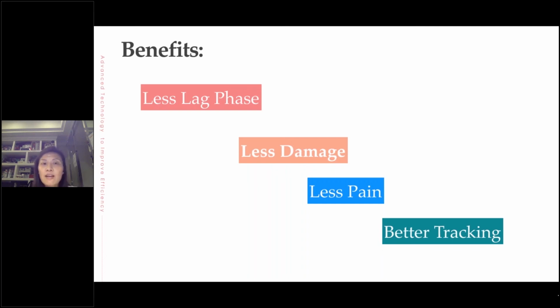Less lag phase means the treatment time will be a little bit shorter. We are not going to take up a lot of time during the treatment. There will be less damage to the surrounding tissues, whether it's the bone or the soft tissue. The patient will feel less pain, and there will be better tracking and better tooth movement during the treatment.